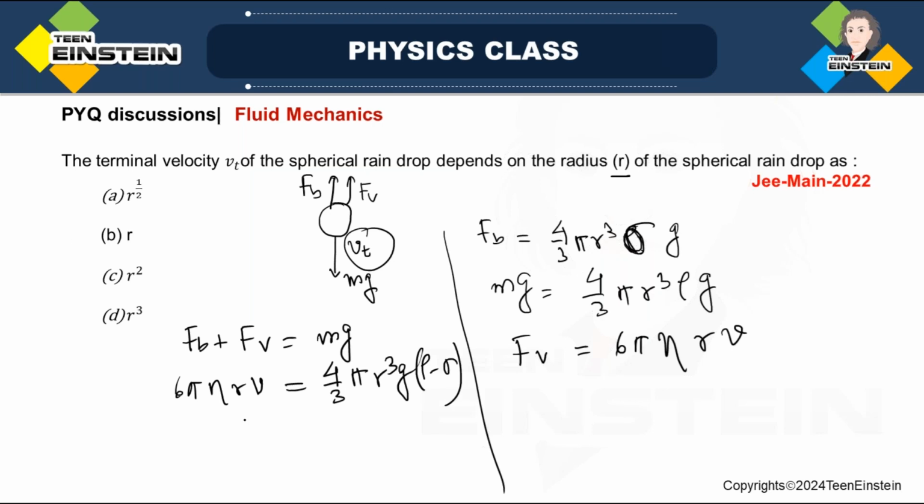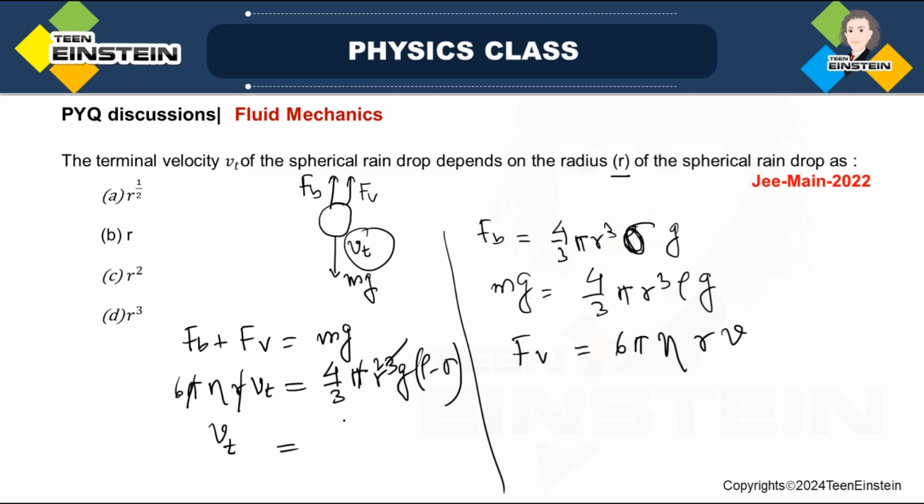This r will make r square over here. So Vt, terminal velocity, is equal to, pi cancels each other, and this 6 eta comes in the denominator.